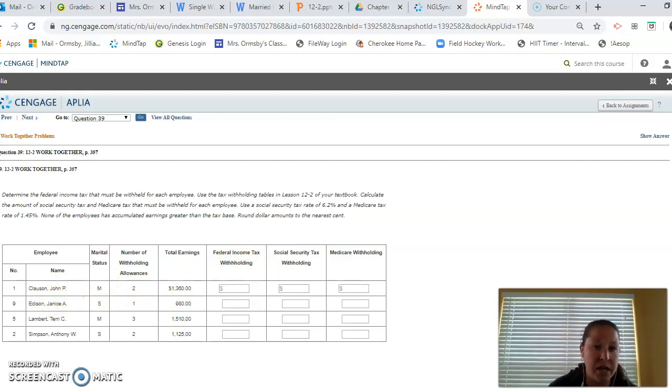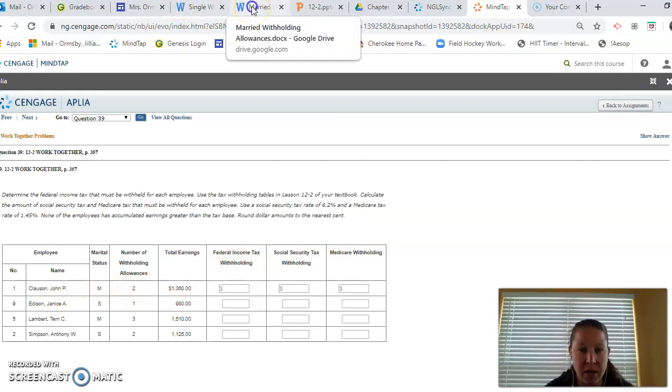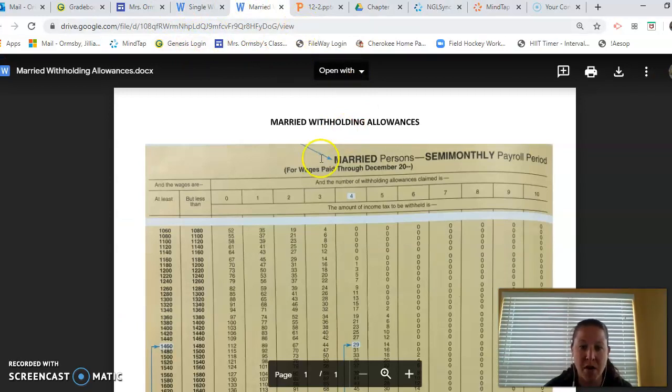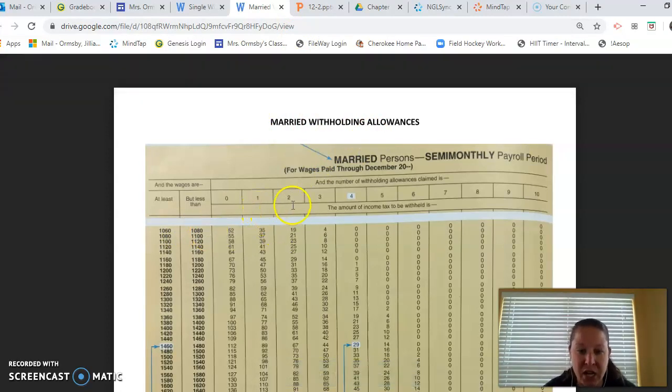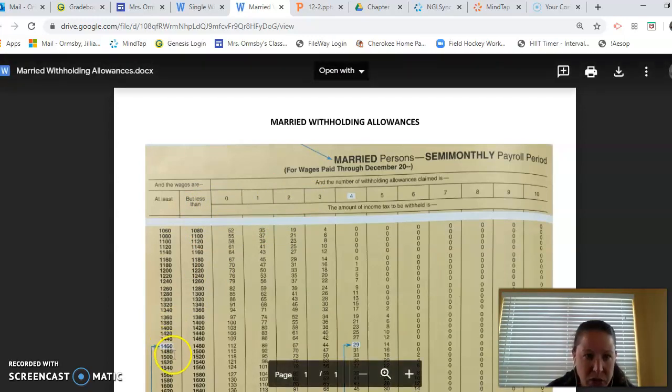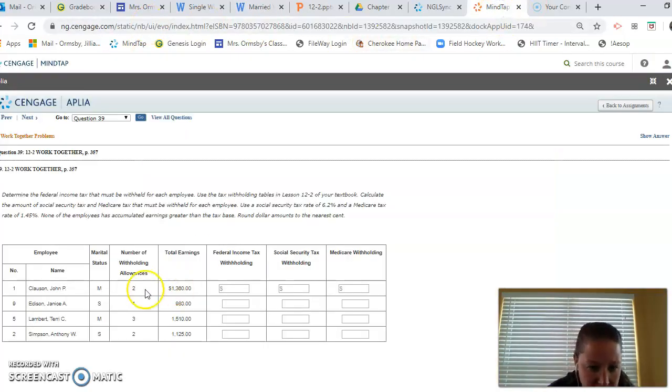He is married, and so we are going to click on the married withholding allowance chart. Now, what we need to do here is find the intersection of how many withholding allowances he has and how much he made. So if we look at the problem, it says he has 2 withholding allowances and he made $1,360. So we'll just find the intersection.